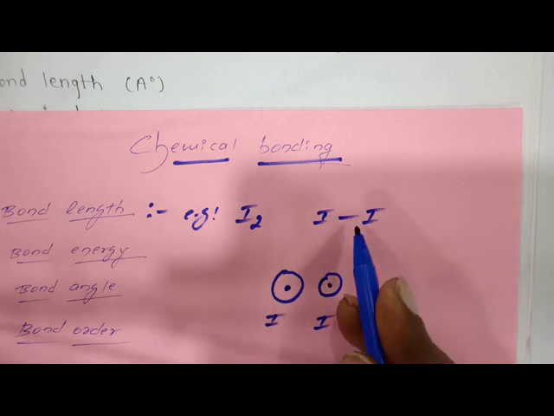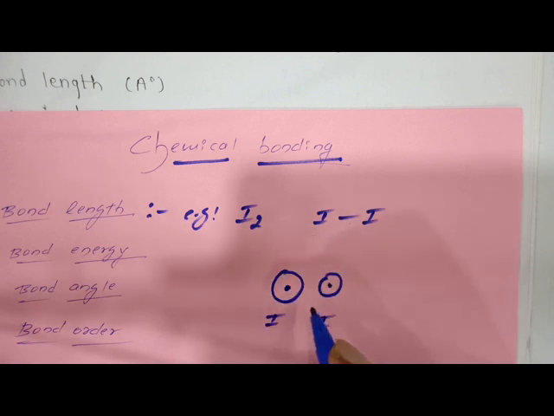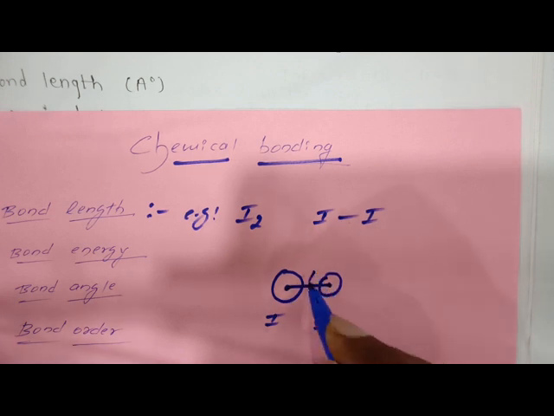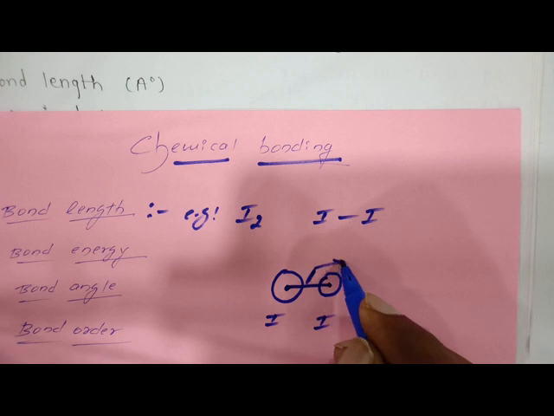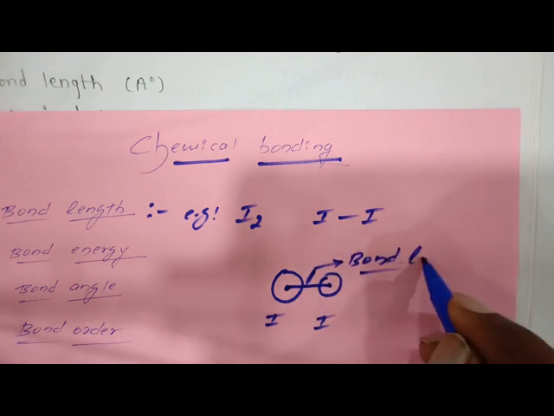In this case, two iodine atoms are bonded to form an I2 molecule. Understood? So these two iodine atoms are joined through their nuclei, and this is simply called the bond length of this I2 molecule.